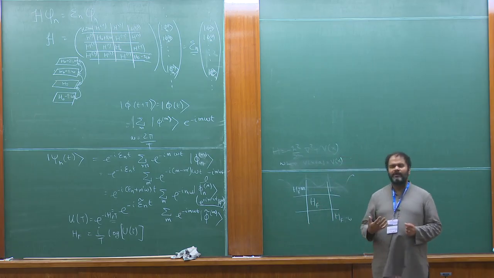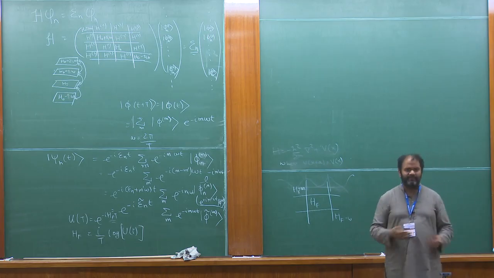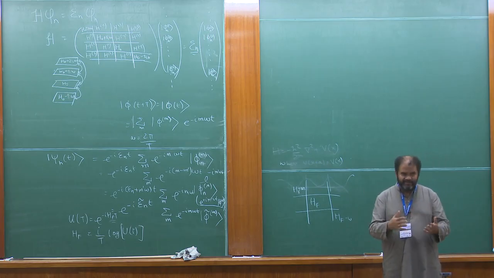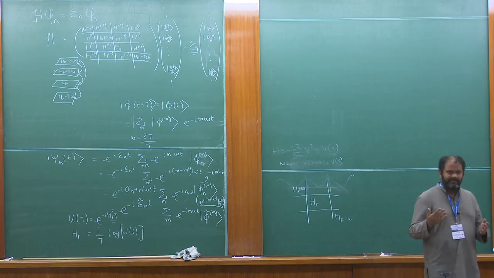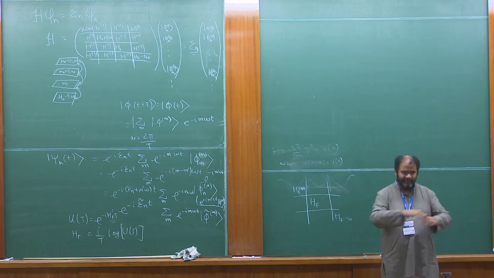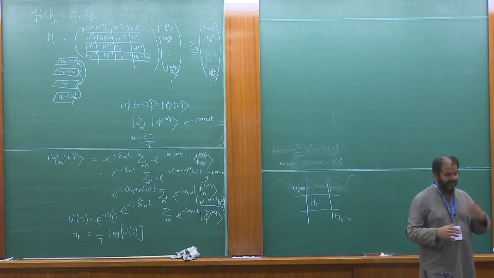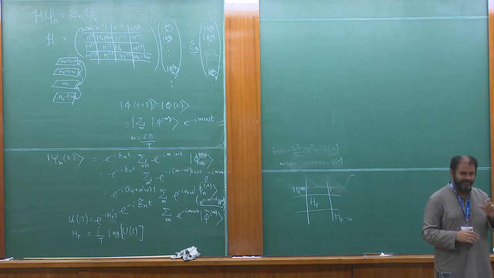So if you ask the question, I start off with some initial state and how do I spread? You spread through processes which keep your energy conserved. Okay, which is why, if you look at things at the end, your microcanonical average must equal your long time average. So you go through all microstates which keep you at the same energy.